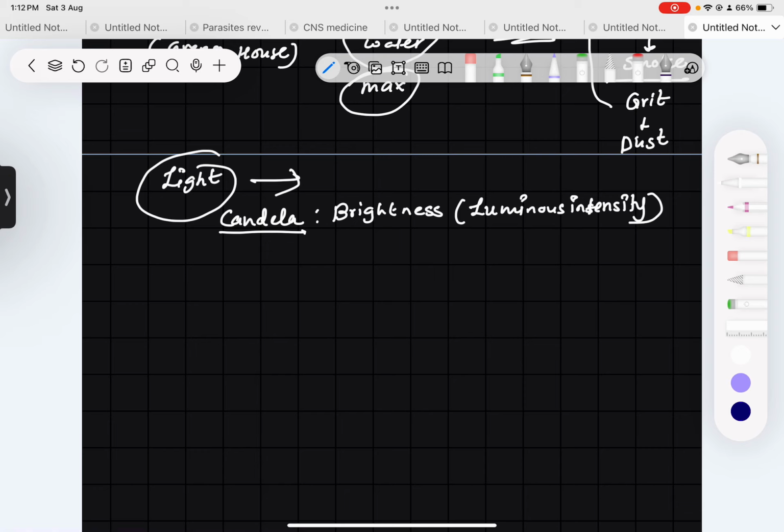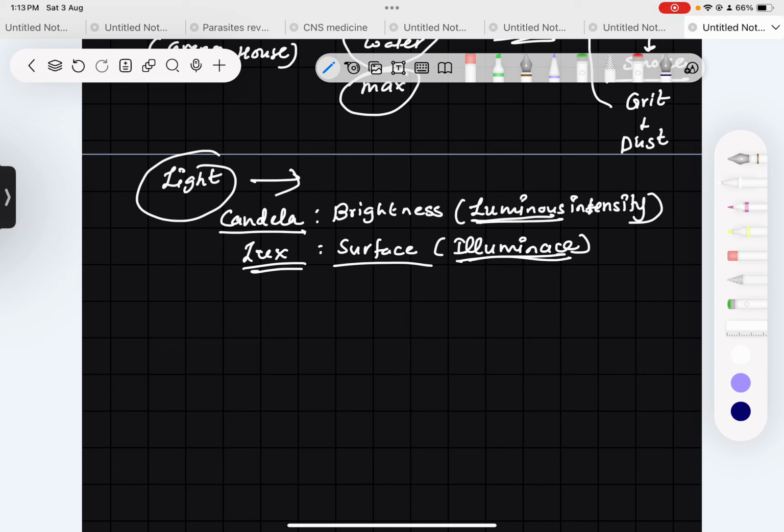The second one to remember is on the surface. The total light on a surface is also known as illuminance. So don't confuse these two, luminous intensity and illuminance. Luminous intensity is brightness, and illuminance is the light that is on the surface. We know the Lux soap we use, so lux and candela.